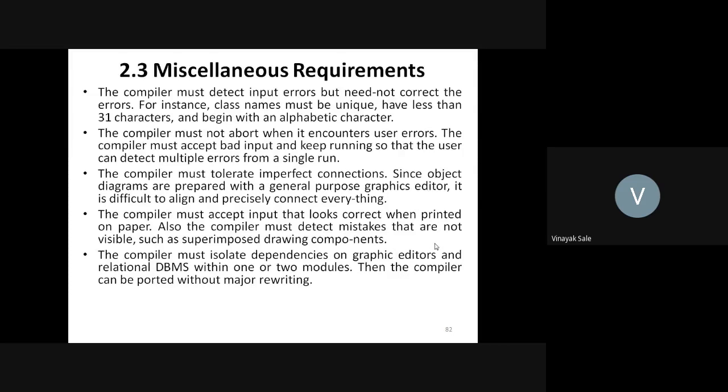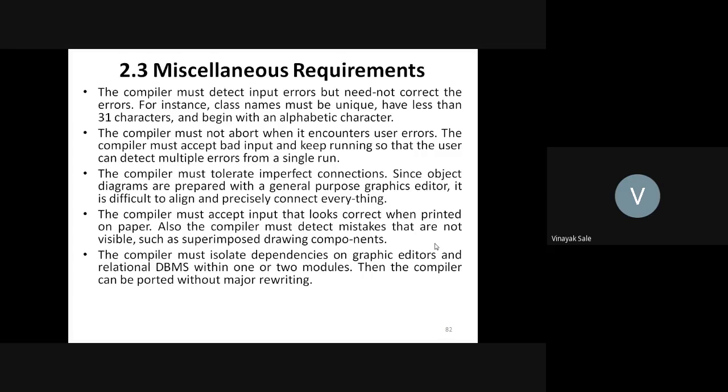The compiler must detect input errors but need not correct the errors. For instance, a class name must be unique, have less than 31 characters, and begin with an alphabetic character.